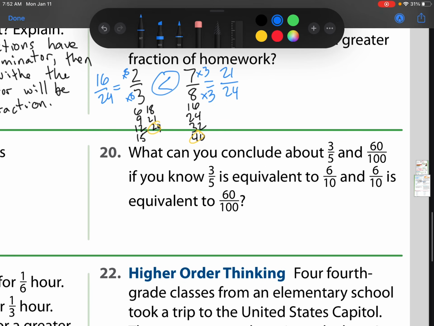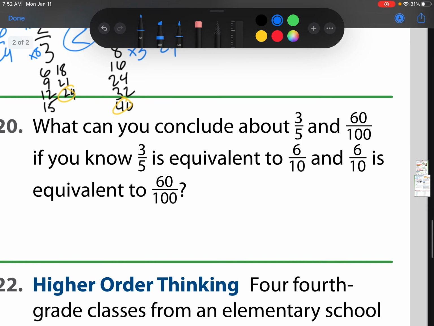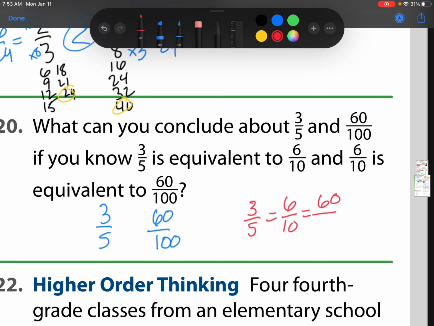Number 20. What can you conclude about 3/5 and 60/100 if you know that 3/5 is equivalent to 6/10 and 6/10 is equivalent to 60/100? So they're saying, what can we figure out about these two numbers if we know this? We know 3/5 is equal to 6/10 and 6/10 is equal to 60/100 because they just told us that part right here.